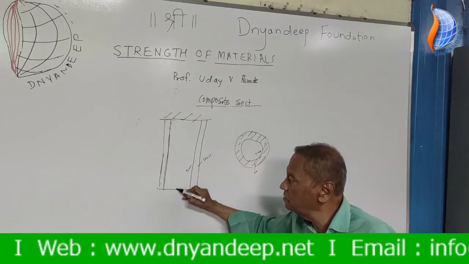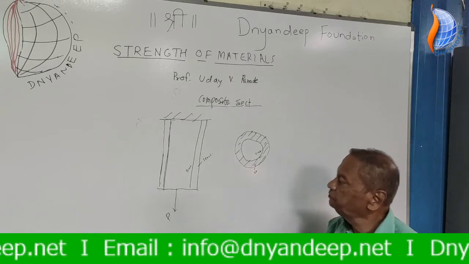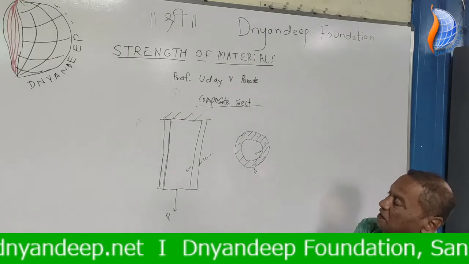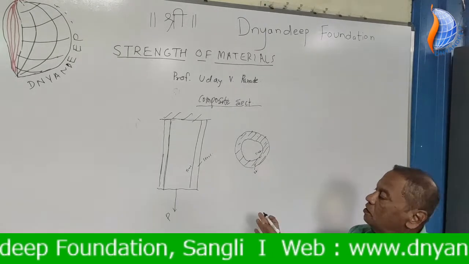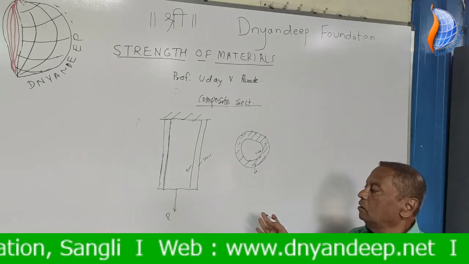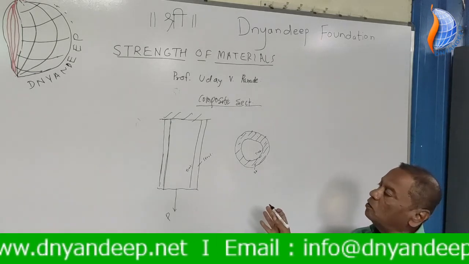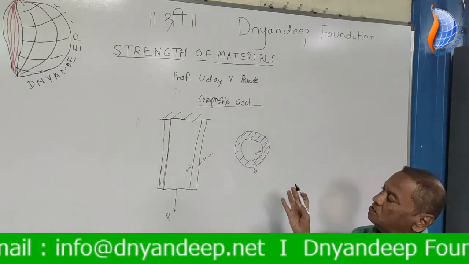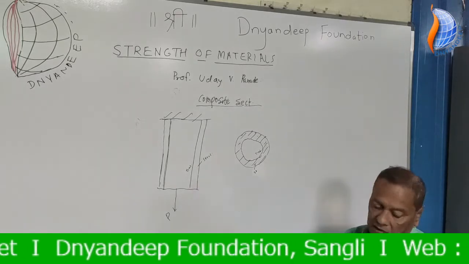Now let this be subjected to force P. When force P is applied, some part of P will be taken by steel, some part of P will be taken by timber, or in other words, one material and second material.